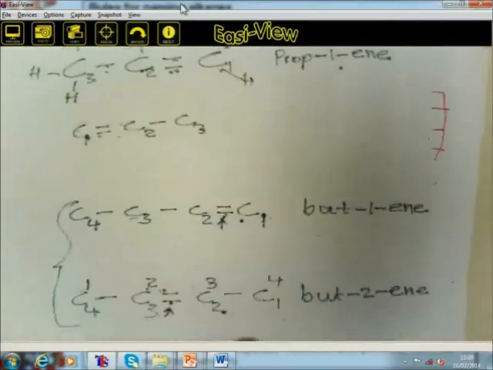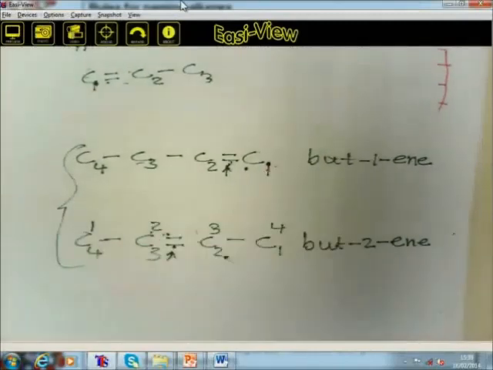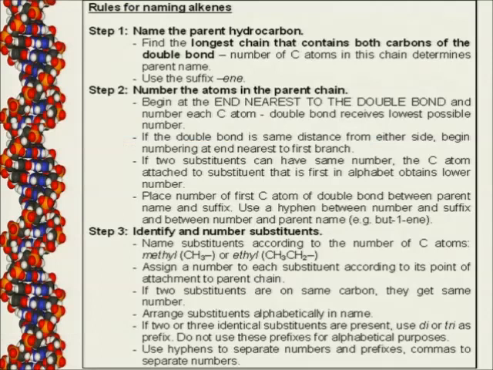So this is how you name the alkene, following the rules that we had. You begin numbering from the end nearer to the double bond. So you check where the double bond is, and the double bond must have a lower number. And then this number you must indicate.